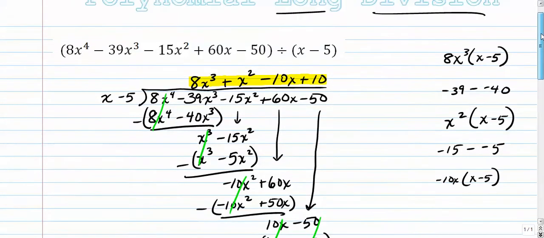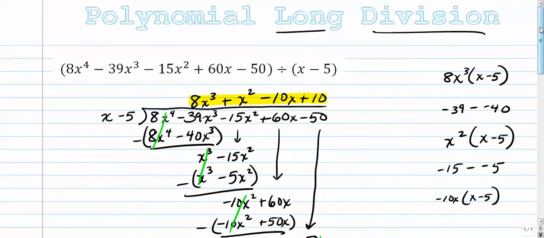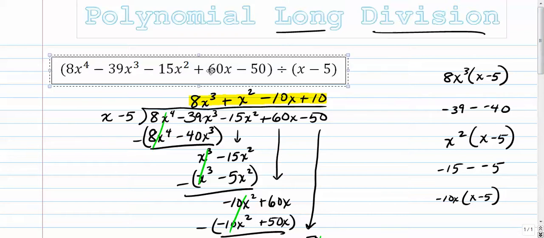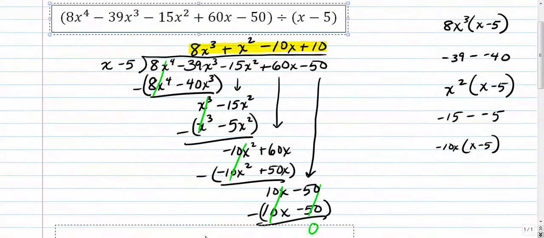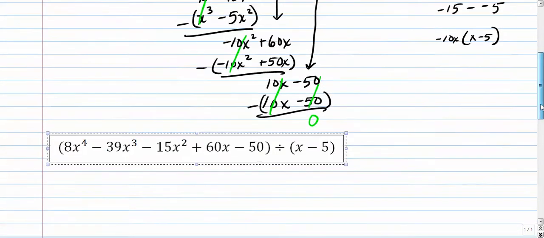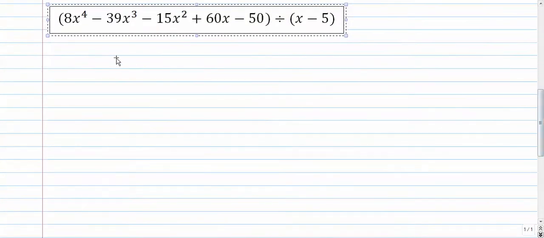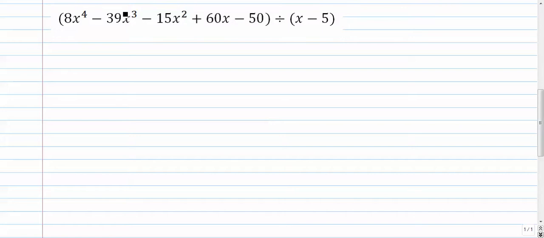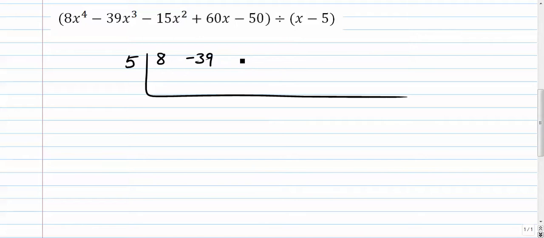It's a bit of a long process, and if you know synthetic division, then that process is really simple. Let me show you that really quickly. I did a whole other video on synthetic, but let's just confirm this really quickly. With synthetic, we take positive 5, 8, negative 39, negative 15, 60, negative 50.